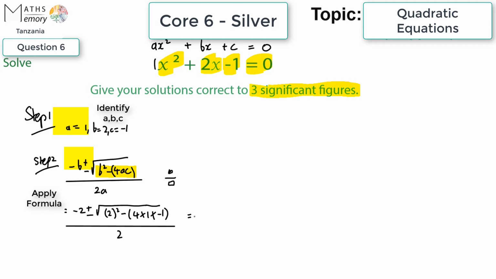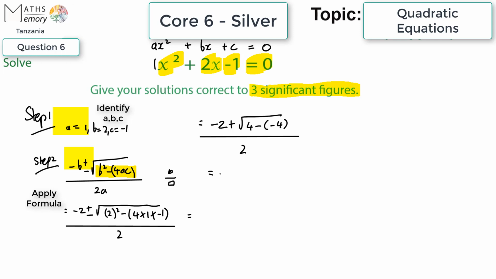Let's go a step further and do the square root first. We have 4 minus, do everything in the bracket first, 4 times 1 times minus 1, which is minus 4. The whole thing is over 2.